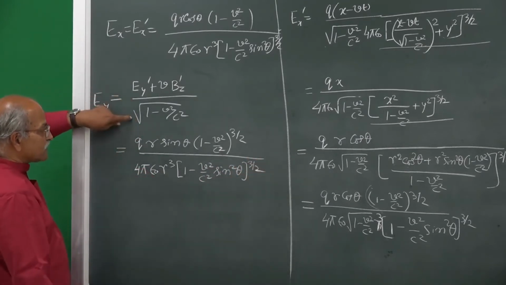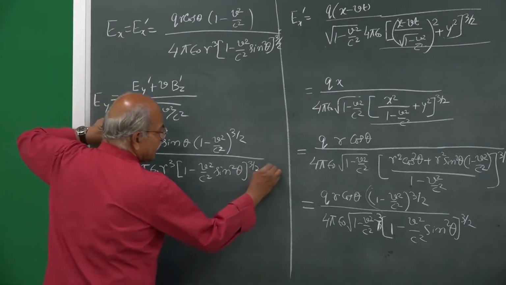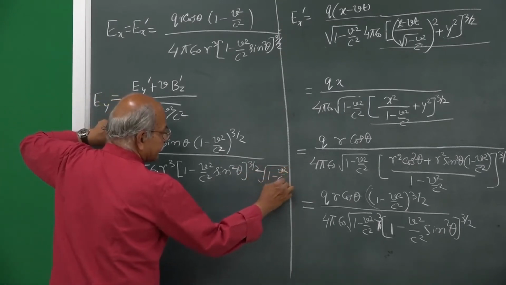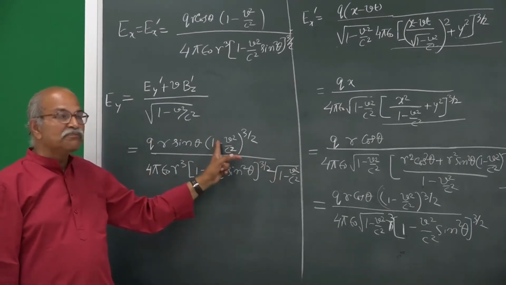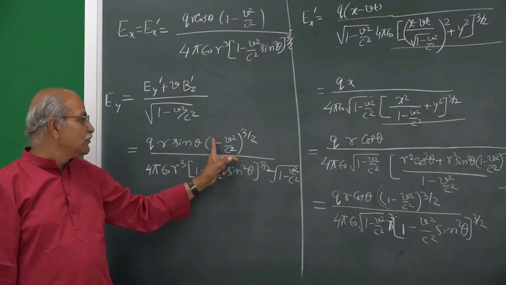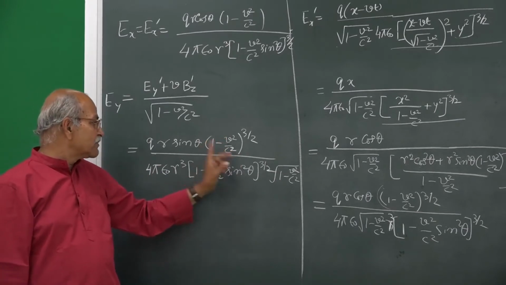Now, divided by square root 1 minus V square by C square, and that will again cancel half power from here, and you will be left with 1 minus V square by C square.